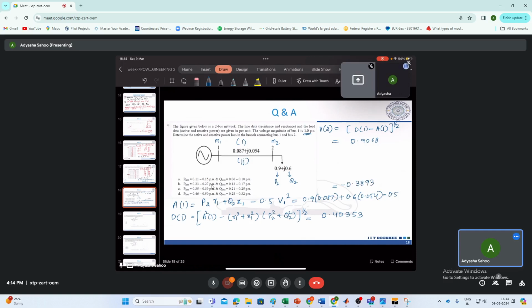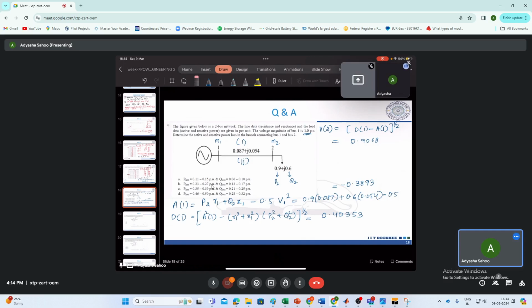So using that, again, let me calculate. So 0.3893 square minus R1 square, 0.9 square plus 0.6 square into 0.087 square plus 0.054 square.